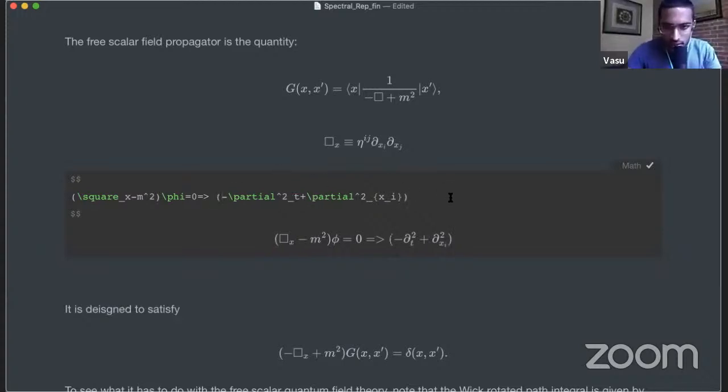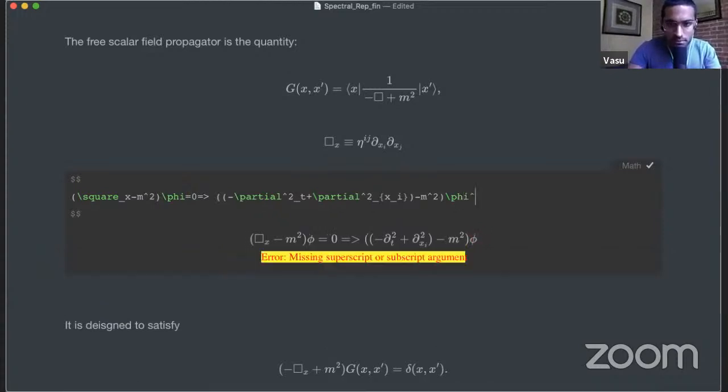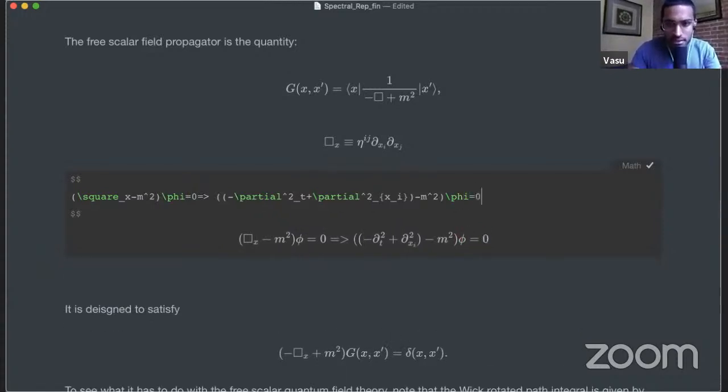And that there is a mass comes in the following way. Well, I'm not exactly sure about my conventions, but I think it's going to be a minus here. Phi equals 0, right? So that means this is a relativistic wave equation for phi.